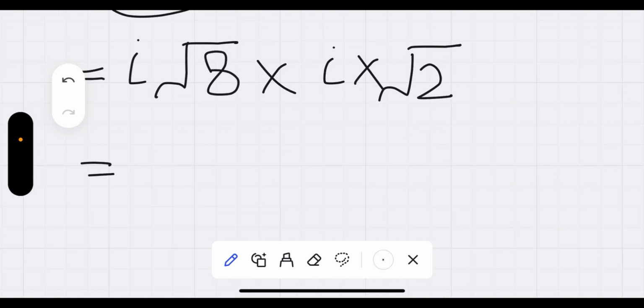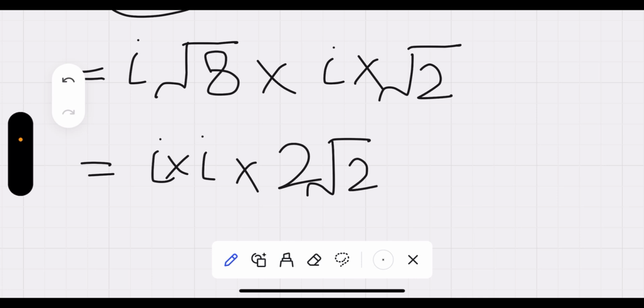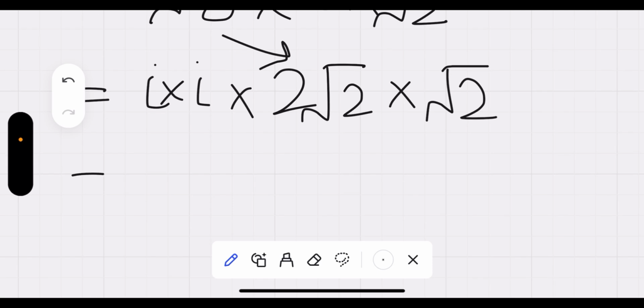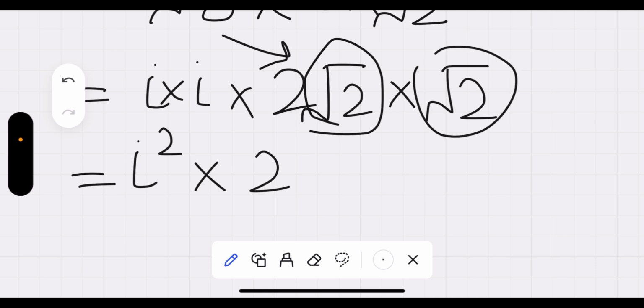So we have 2 iotas, iota cross iota, and square root of 8 we can write as 2 square root of 2 times square root of 2. Iota times iota is iota square, cross 2 as it is, and square root of 2 and square root of 2 gives 2.